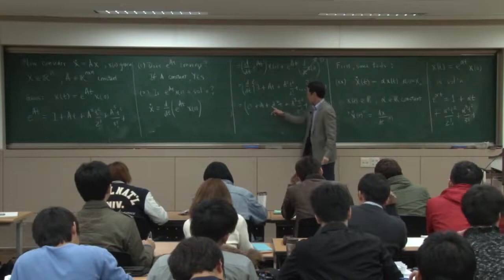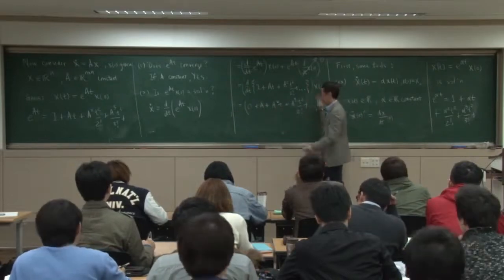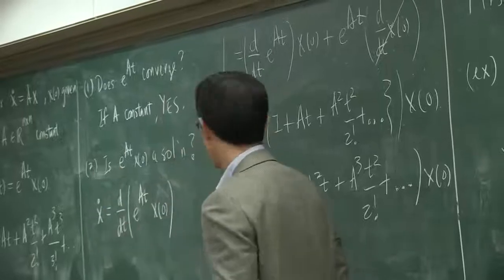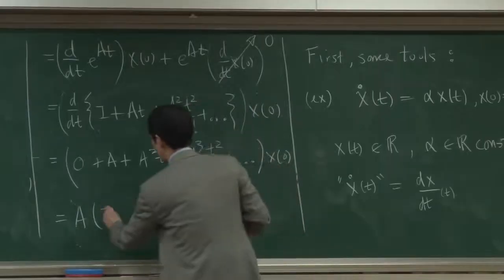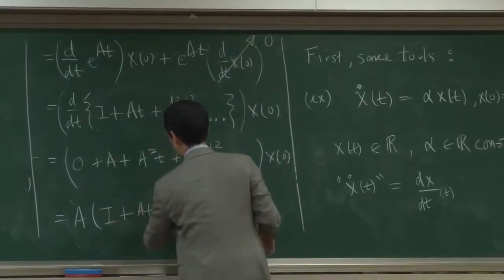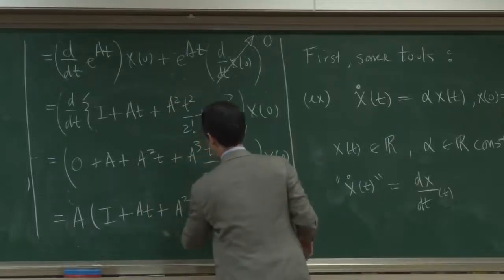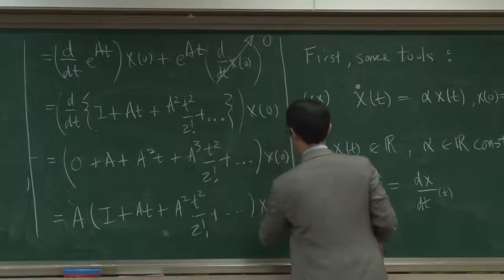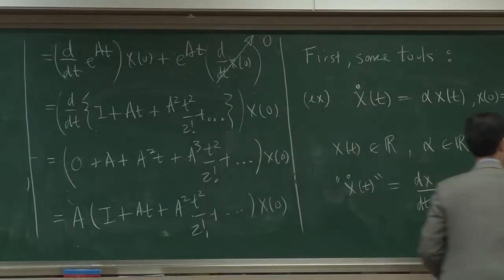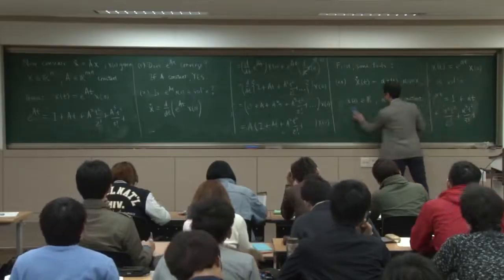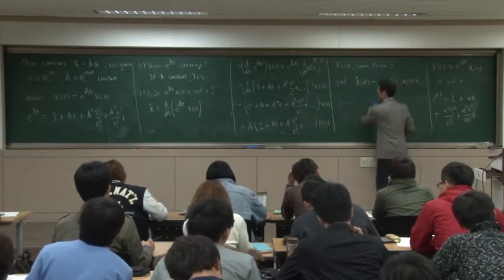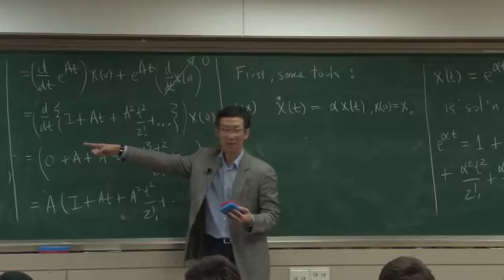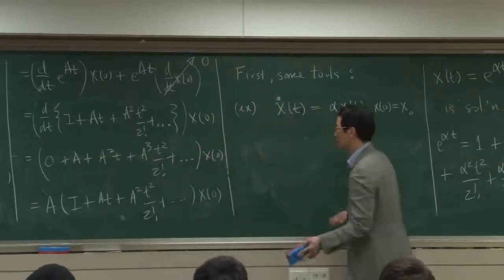You notice that there's an a everywhere. So I say, well, let's pull my a out. And then I'm left with I plus at plus a squared t squared over 2 factorial plus dot dot dot, times x0. And then I notice that what's inside the parentheses here is my original definition of the exponential.